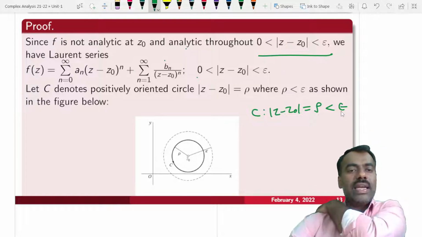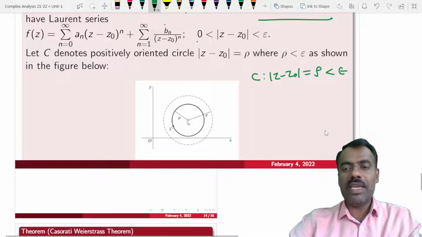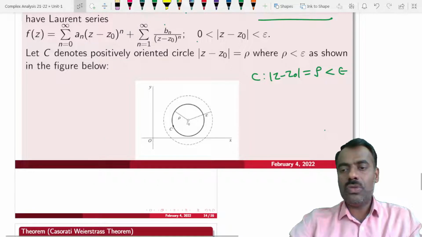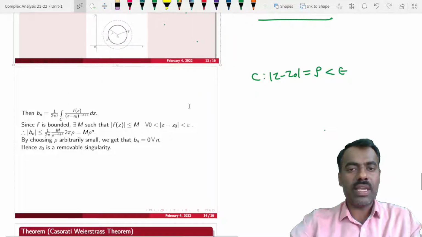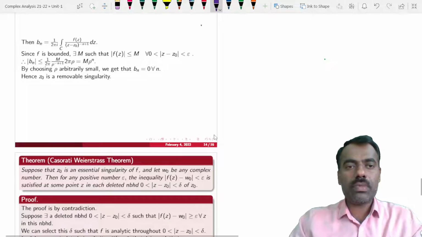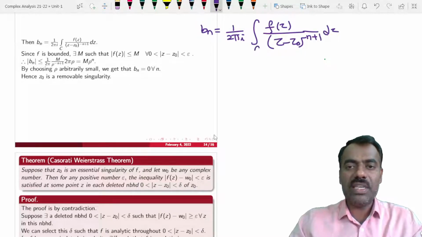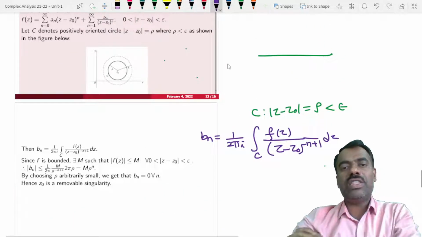Therefore the coefficients b_n are given by 1 by 2 pi i times the integral of f of z times (z minus z naught) to the power minus n plus 1 dz over c, where c is a circle with radius rho.